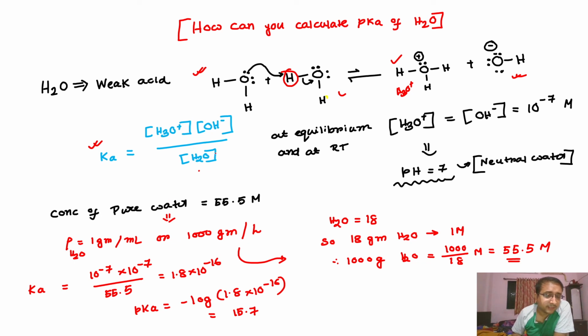Now at equilibrium, I have already told you that the concentration of hydronium ion and hydroxide ion will be equal, and its value is 10 to the power minus 7 molar at room temperature. Because neutral water has a pH of 7, at equilibrium and at room temperature the concentrations of hydronium and hydroxide ion are equal, so you call it neutral water.